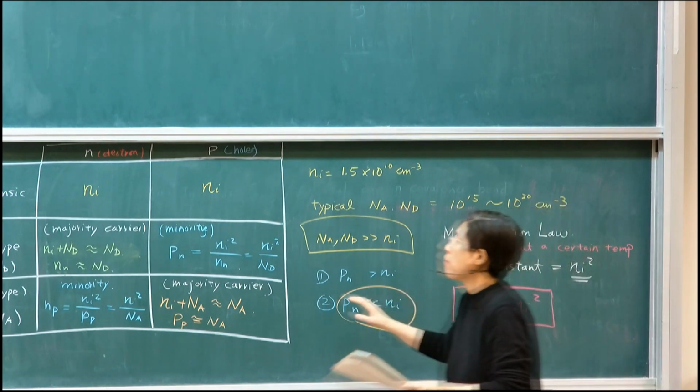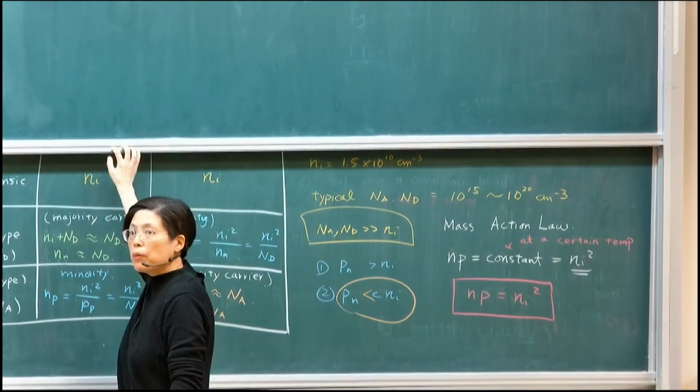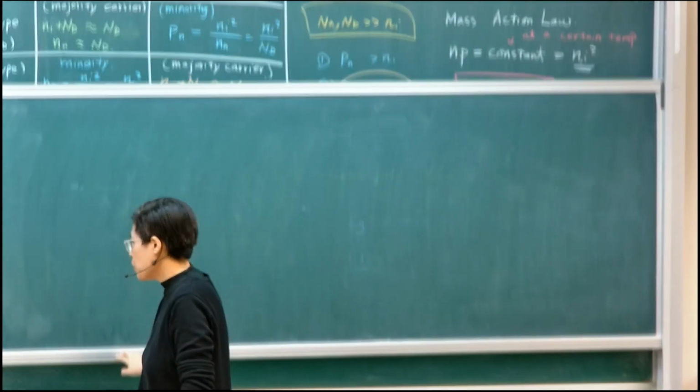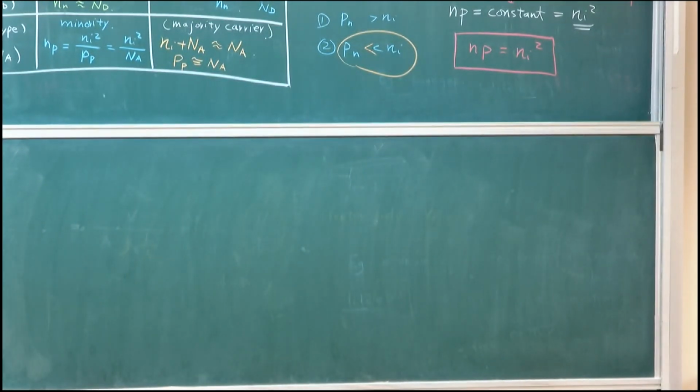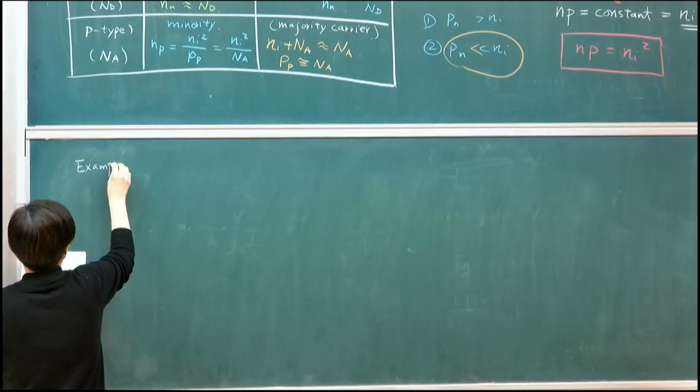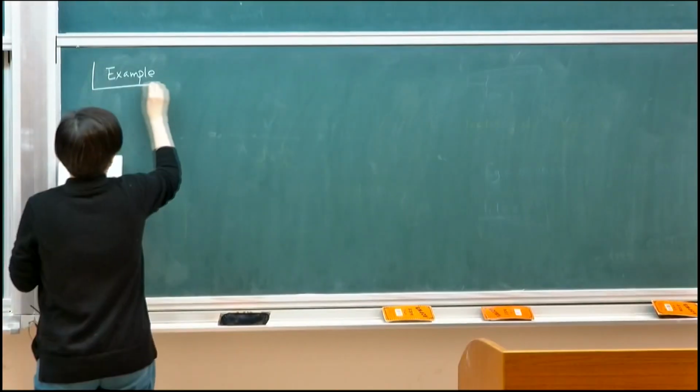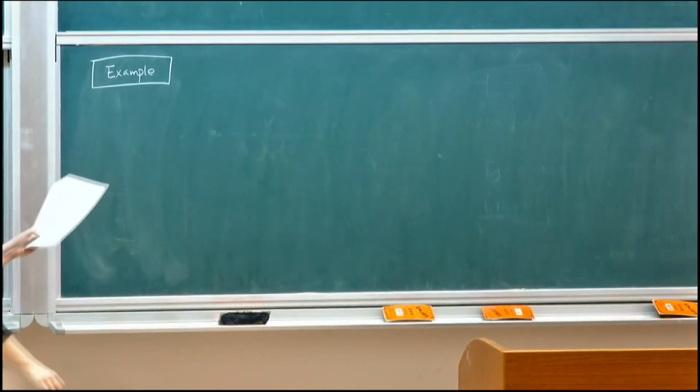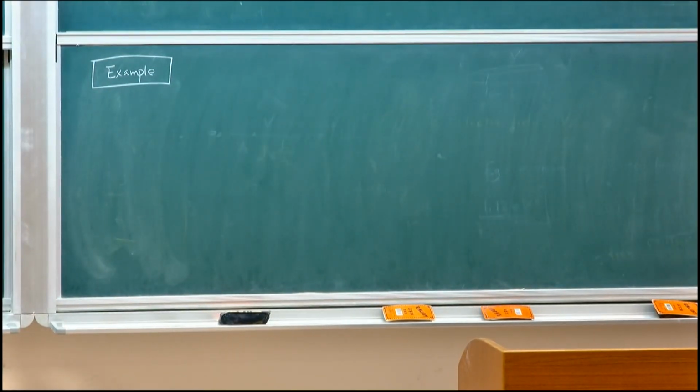This is good? So before I let you go, we're going to go through an example just to see how much control there is in terms of levels of carrier density. If you go buy a piece of silicon, typically they will give you resistivity.